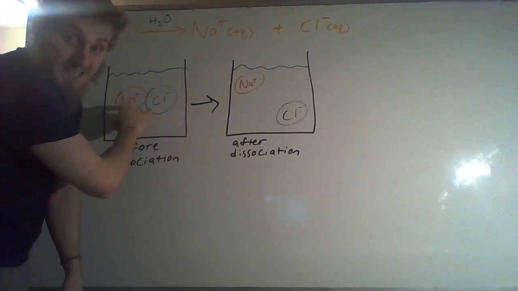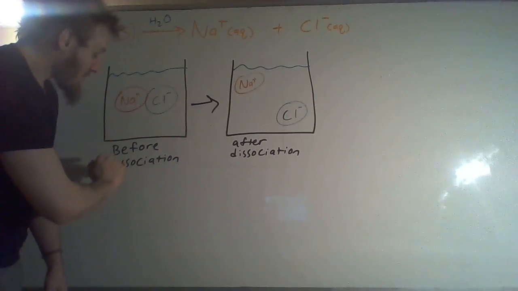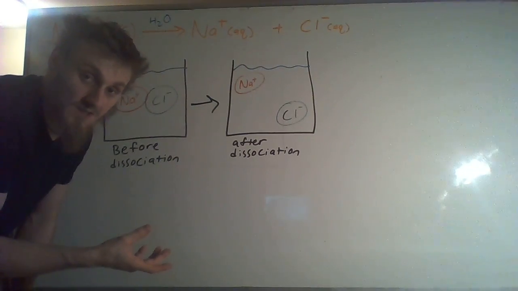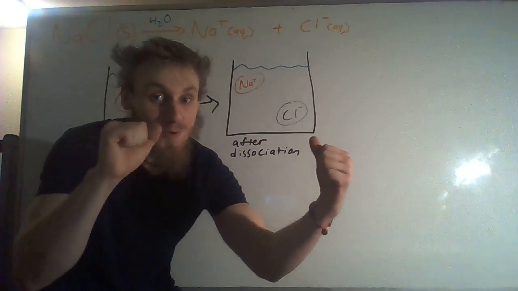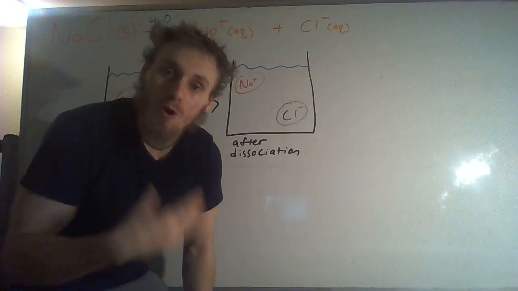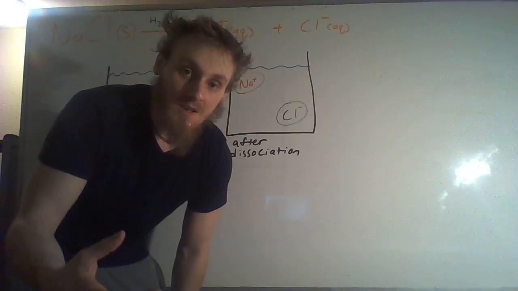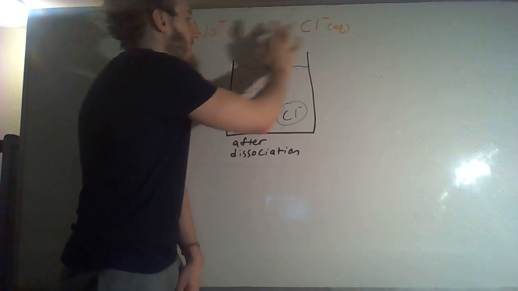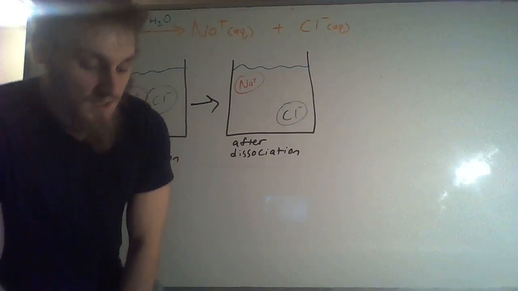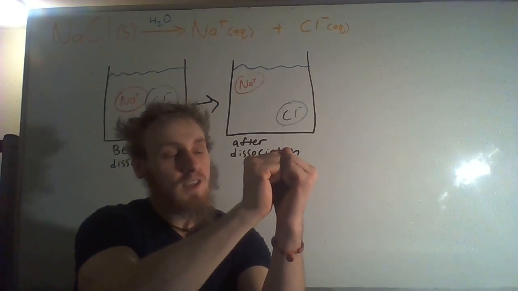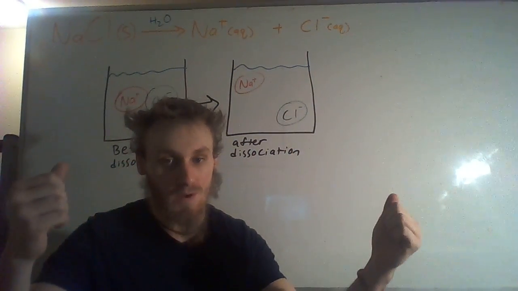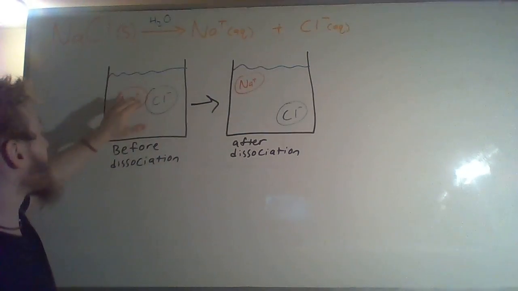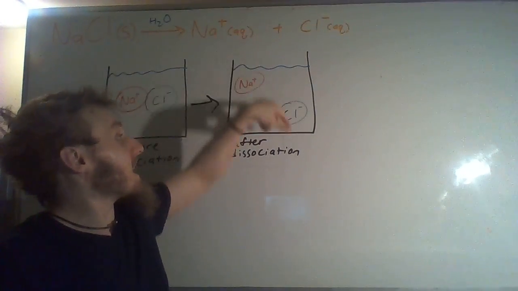Now, after dissociation has occurred, those ions will separate from one another, and so we're no longer talking about the solid phase by any means. Now we're talking about the aqueous phase. When ions dissociate from one another, those ions go from being in the solid phase to being in the aqueous phase.